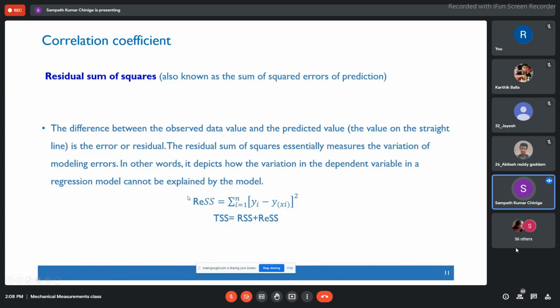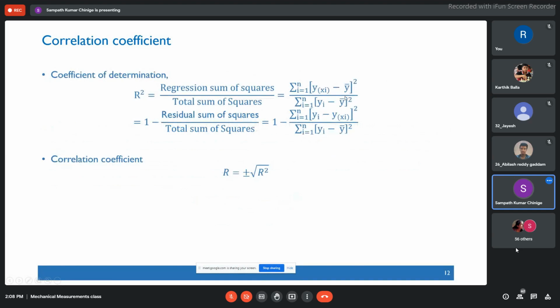This is already defined. So this expression can be written as 1 minus residual sum of squares by total sum of squares, which will give the same thing as this. Suppose you write this expression yi minus y bar whole square minus of this, so yi will get cancelled. Again, it will be minus and minus, so this will become yxi.